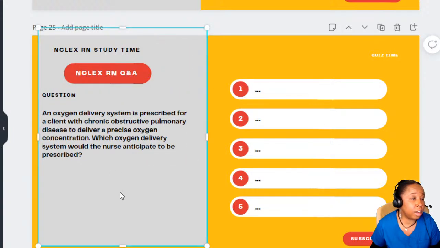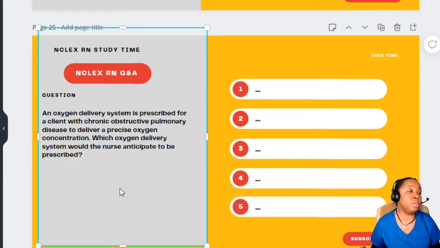An oxygen delivery system is prescribed for a client with chronic obstructive pulmonary disease to deliver a precise oxygen concentration. Which oxygen delivery system would the nurse anticipate the patient to be prescribed?